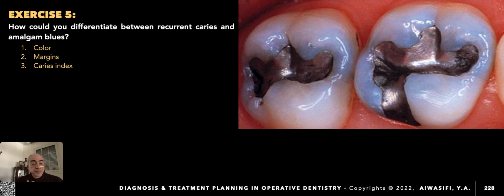Then the bitewing radiograph is the final step that will exactly determine if it is a recurrent caries or amalgam blues.